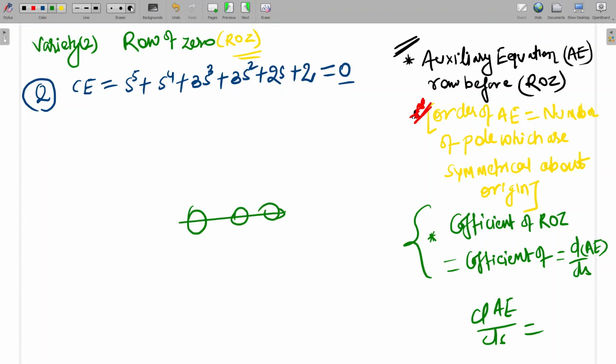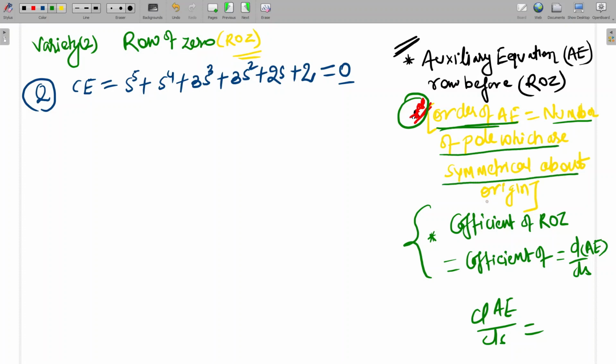Another very important rule is this one. The order of auxiliary equation is the number of poles. This is VVI. The order of auxiliary equation is the number of poles which are symmetrical about the origin. Whatever the order of the auxiliary equation, let's say s to the power 4, then four poles will be there which are symmetrical with respect to the origin.